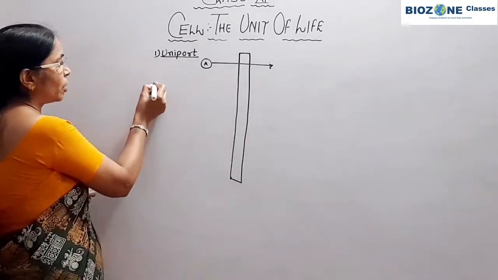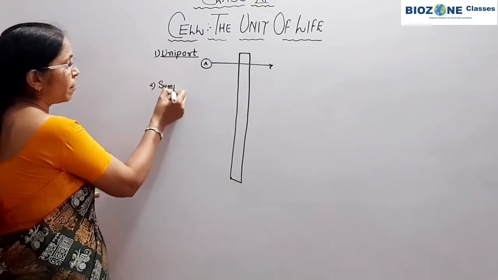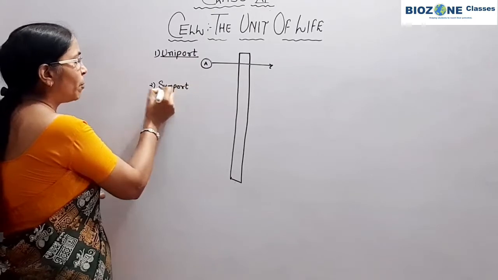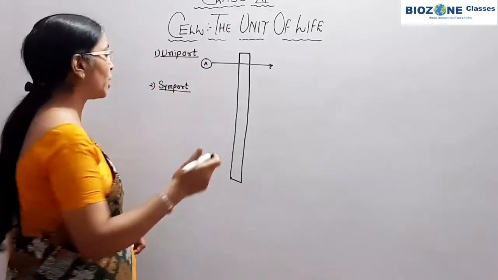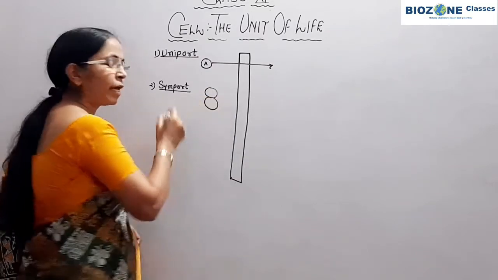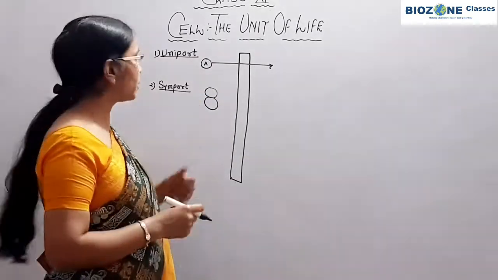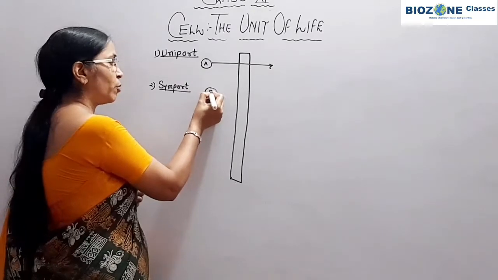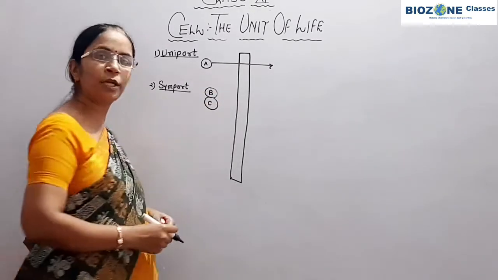The second we study is called symport. Symport means, you remember, when the transport of two molecules always takes place together. Suppose this is a B molecule and this is a C molecule.